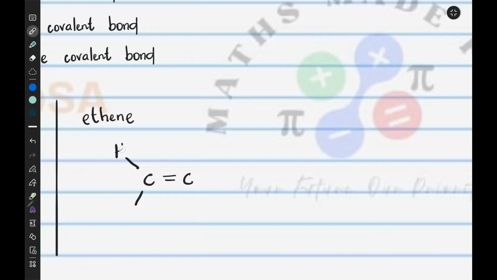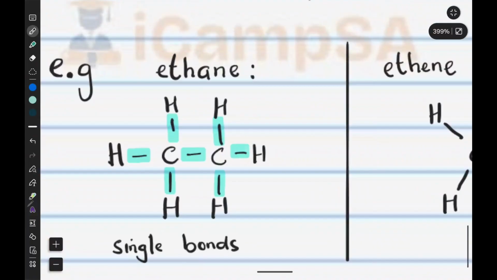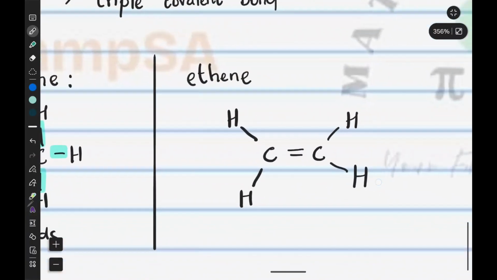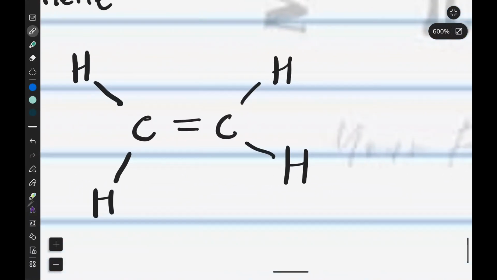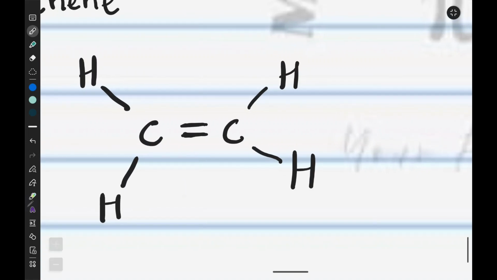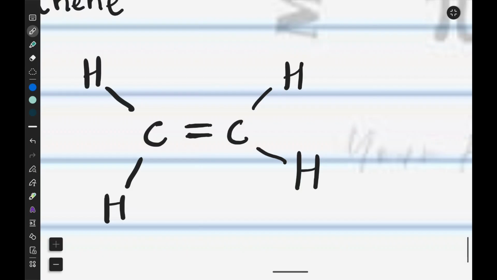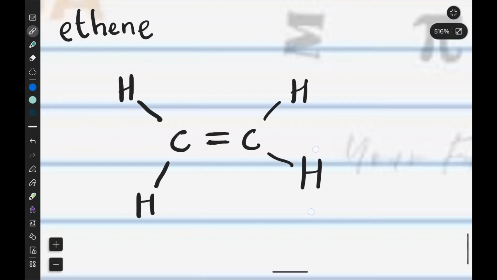The reason the H's are not vertical like in the case of ethane is because there's a concentration of electron pairs between these carbon atoms. And if you remember, the VSEPR theory says all these electrons will try to arrange themselves as far away from each other as possible, to ensure the stability of the molecule. That's why these hydrogen atoms are at an angle compared to when we are looking at ethane.